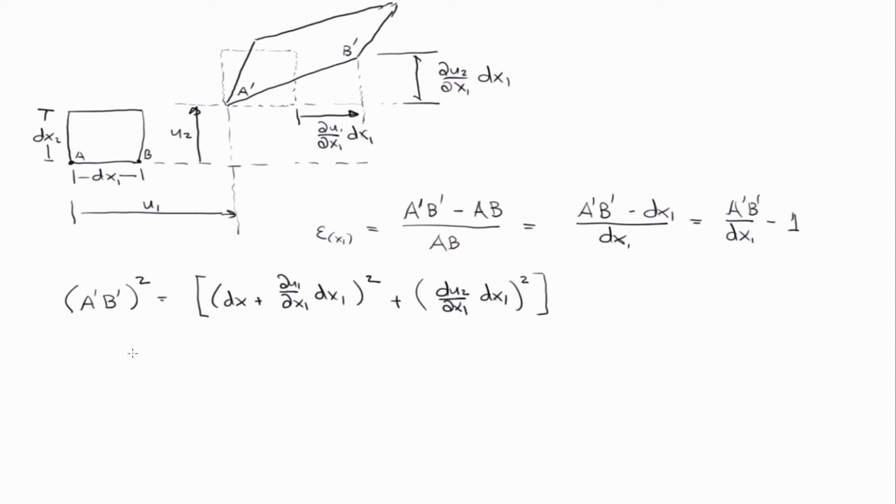And so then we go back to the equation we had, A prime B prime over dx1 equals strain plus 1. And I want to square both sides of this equation. When I do that, I'll have terms with A prime B prime squared in it that I'll plug this into.